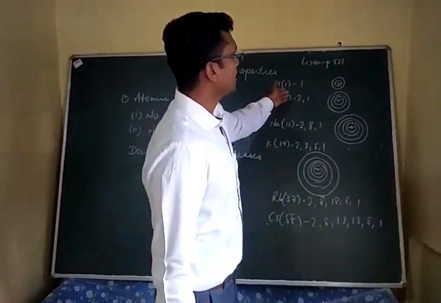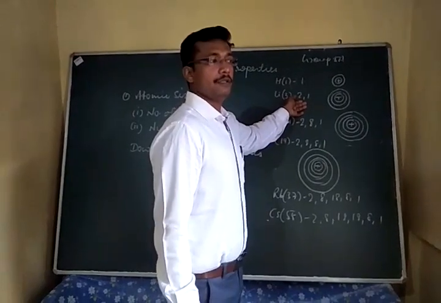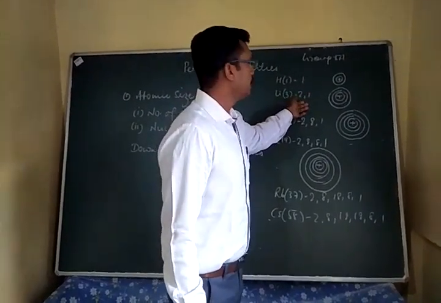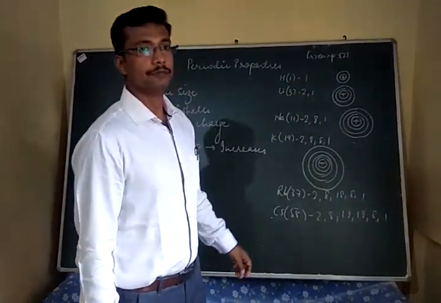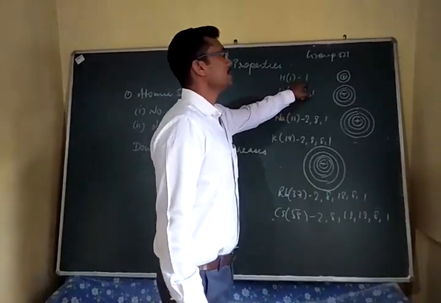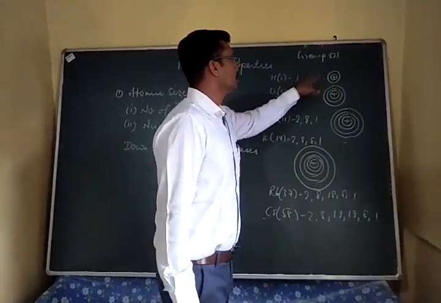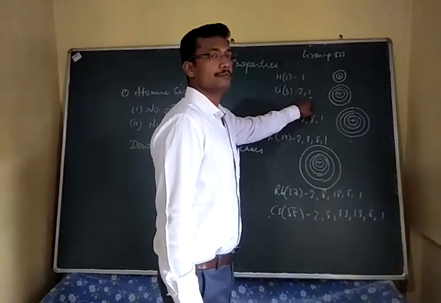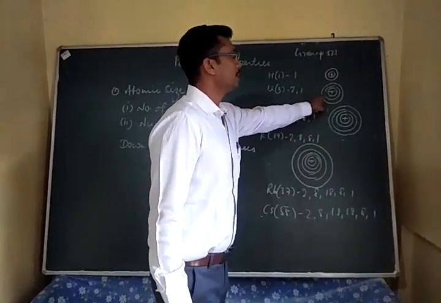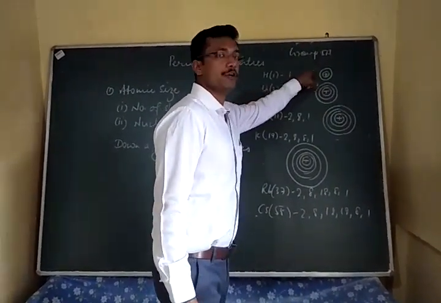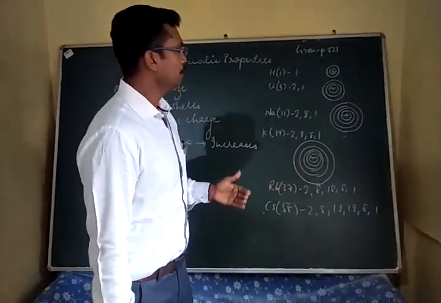If you see the electronic configuration, that is enough to give you an idea about the number of shells. Hydrogen has only one shell, that is one orbit around the nucleus. Lithium has 2 shells, you can see. So lithium looks bigger than hydrogen because of more number of shells.